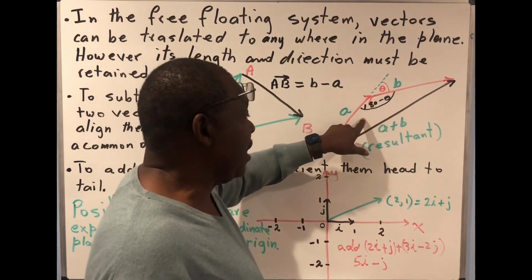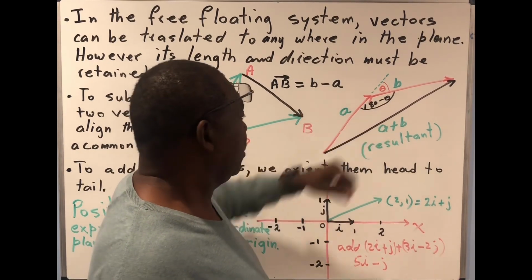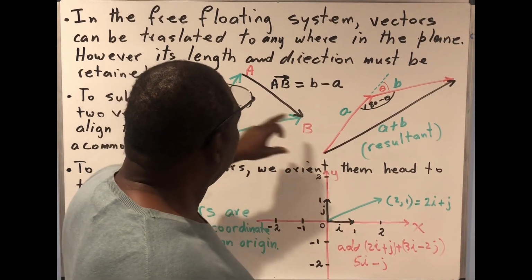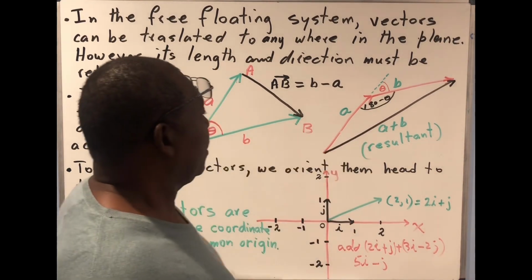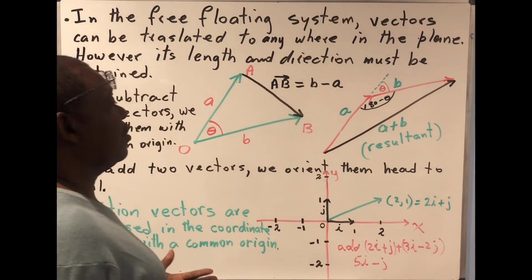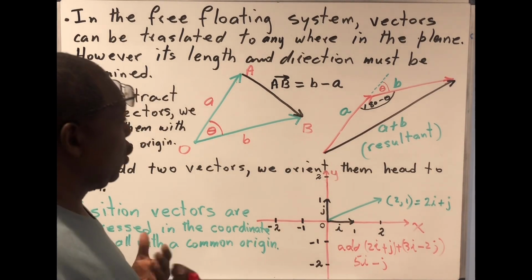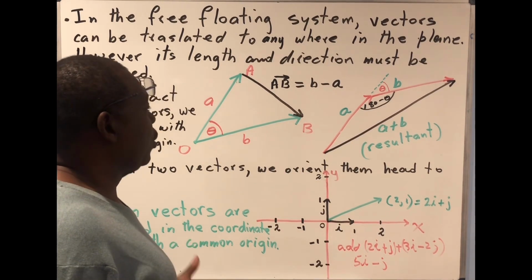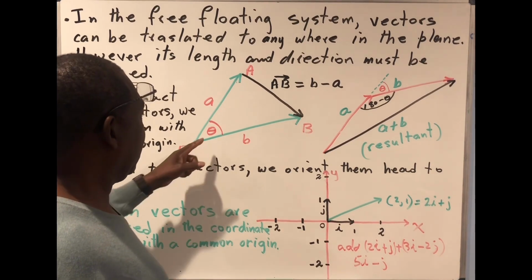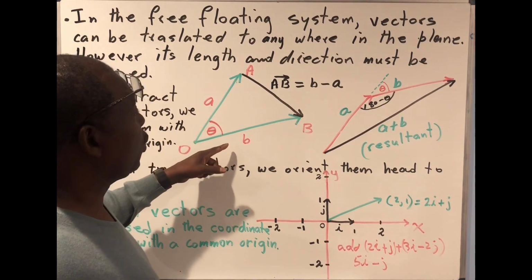The one on the inside is the supplement. So this is important for you to know, as if you're beginning to solve problems, you need to know how to position the angle between two vectors.